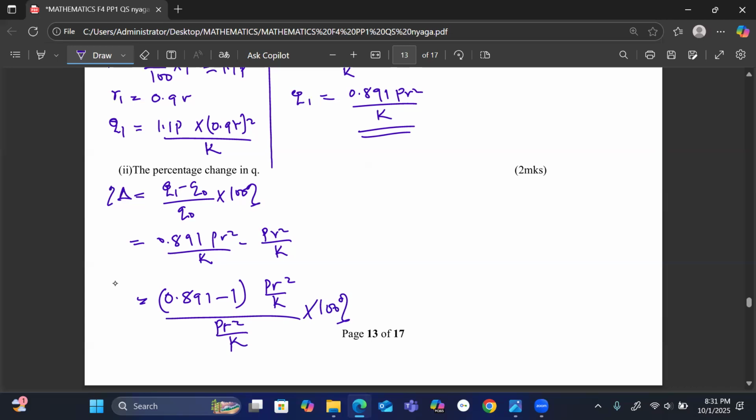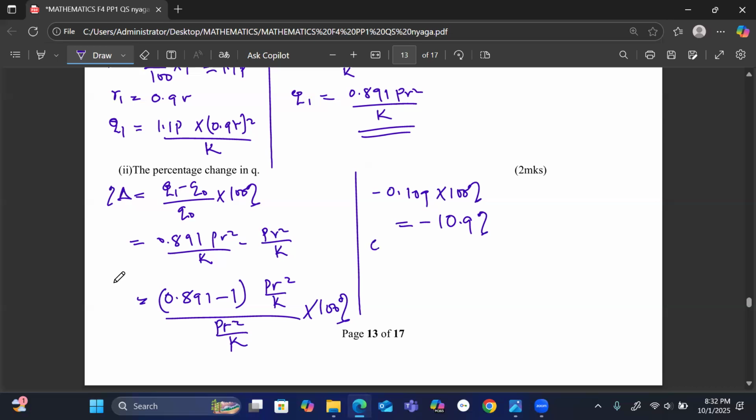So our final answer, we're going to get negative 0.109 times 100%, which is negative 10.9%.